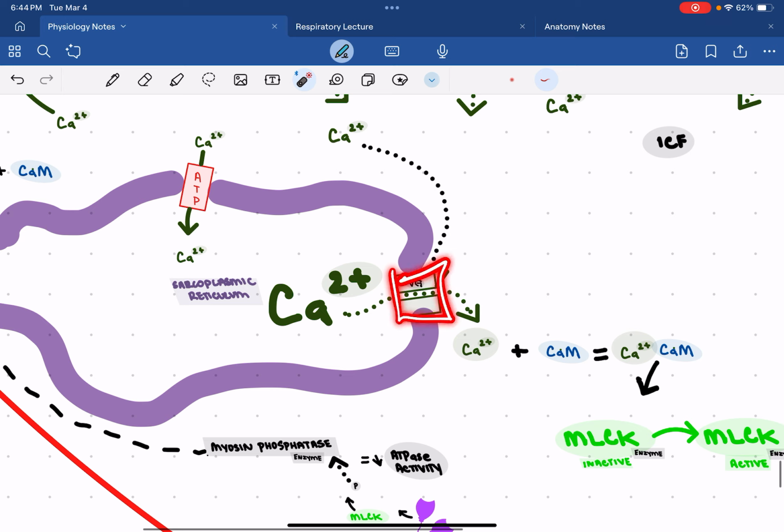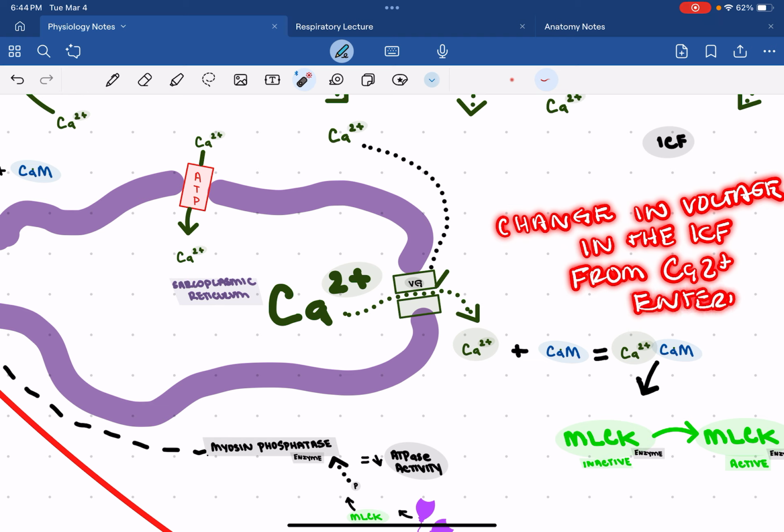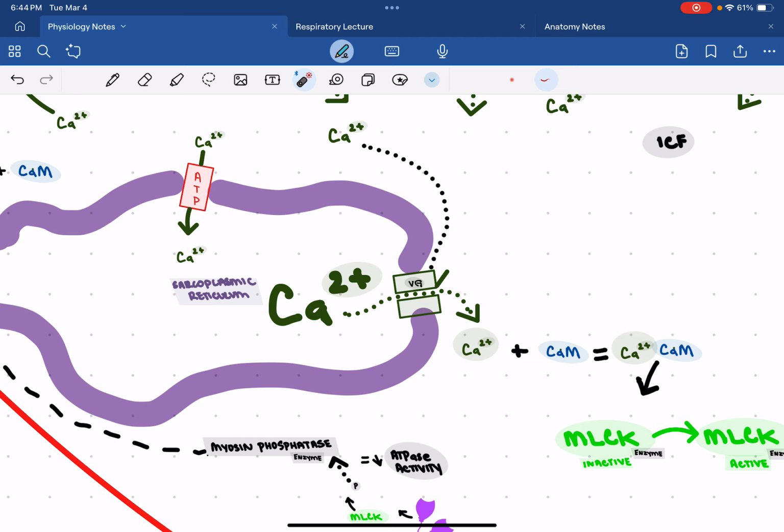These are only open when there is a change in voltage in the ICF from calcium entering. So now, calcium's flooding in.